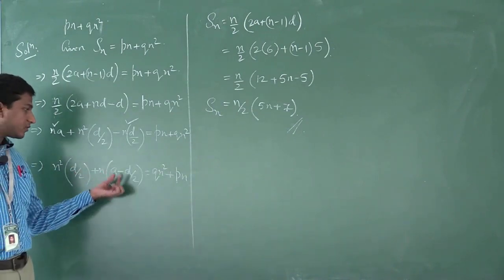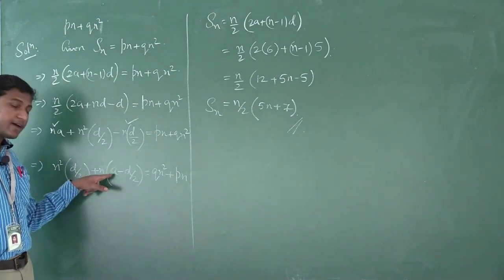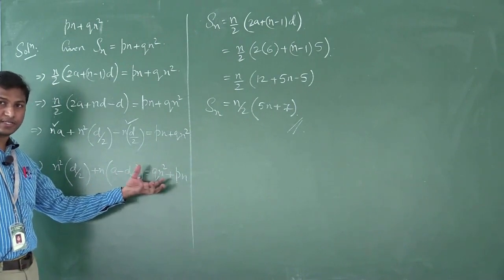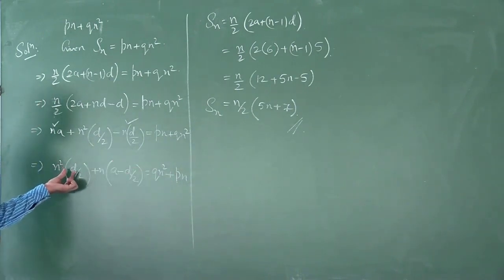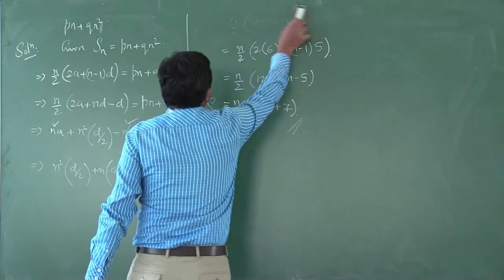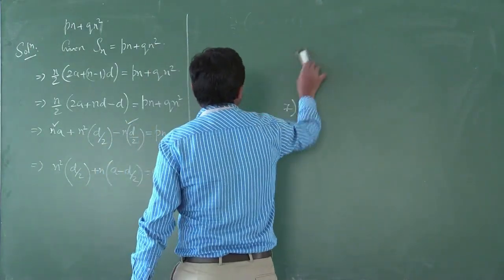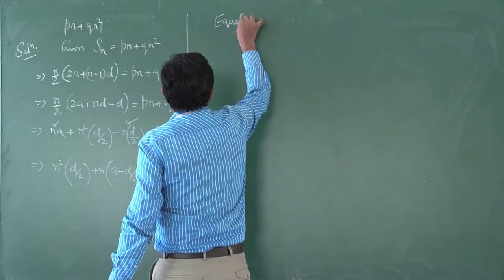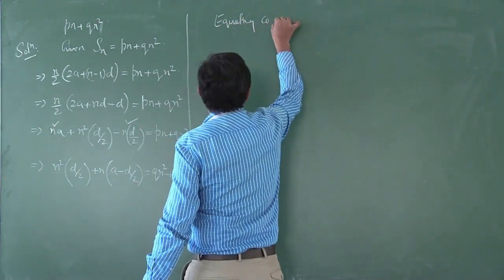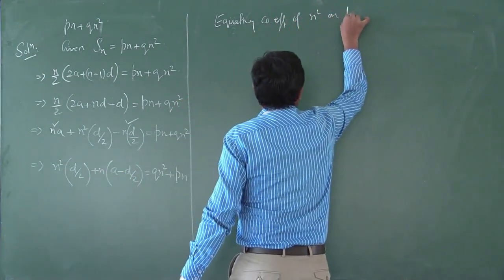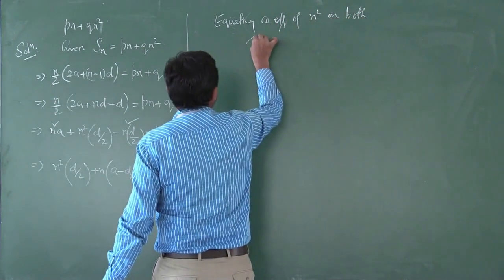But if I equate the coefficient of n, I have the a term with the d. So that won't give me the common difference. So it is wise to equate the coefficient of n square on both sides.